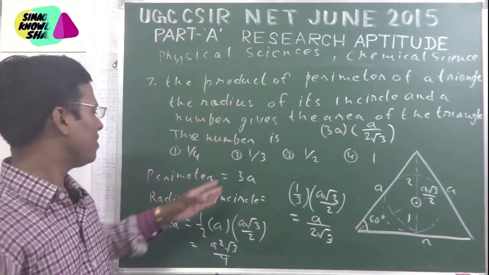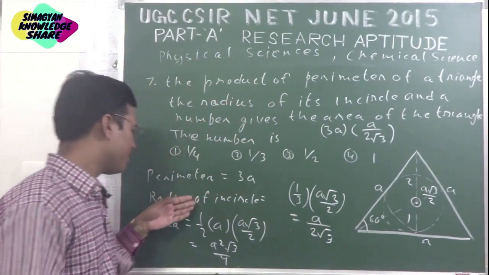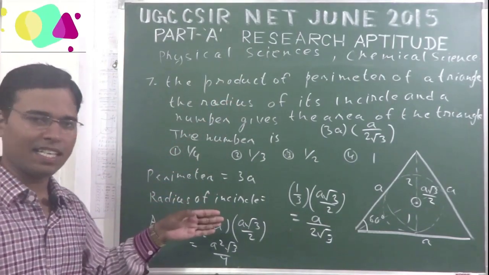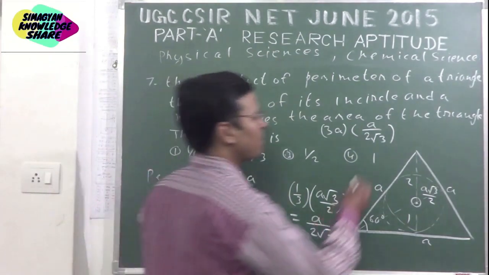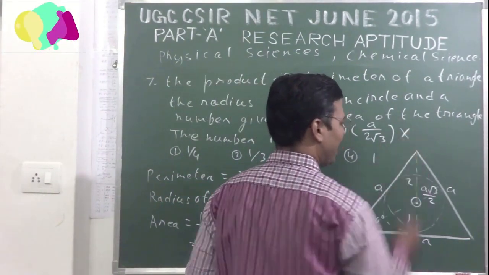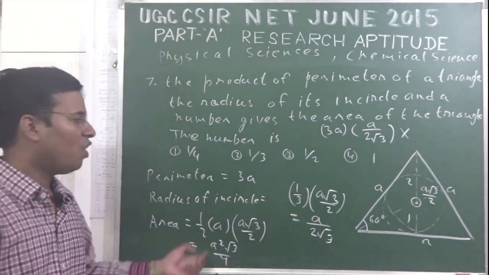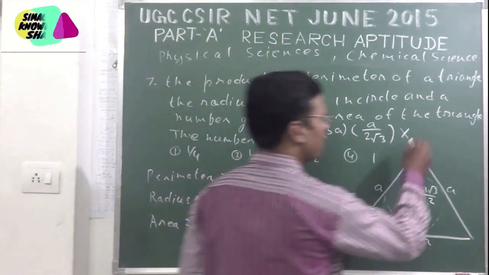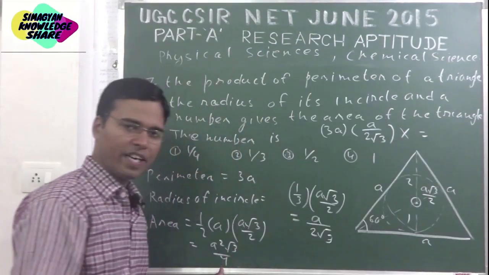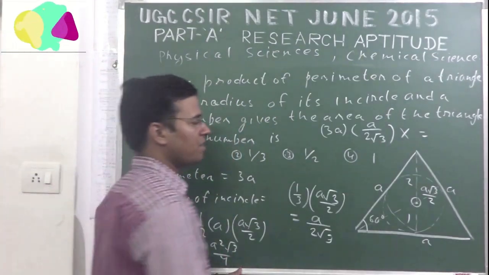The multiplication of the perimeter and the radius of the incircle, multiplied by the unknown number x, gives the area of this triangle, which is a square root 3 by 4.